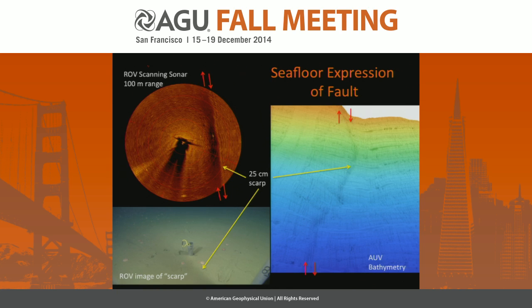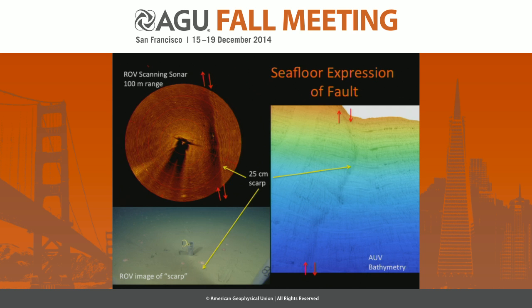If you go and look at this on the seafloor using an ROV, you can use the sonar on the vehicle to locate this 25 centimeter scarp, which only shows up here as a subtle shadow in the data associated with this feature.